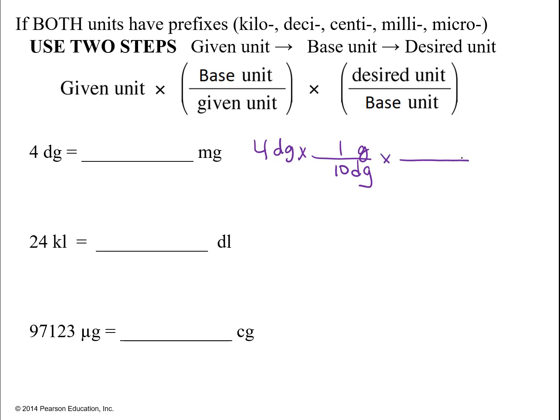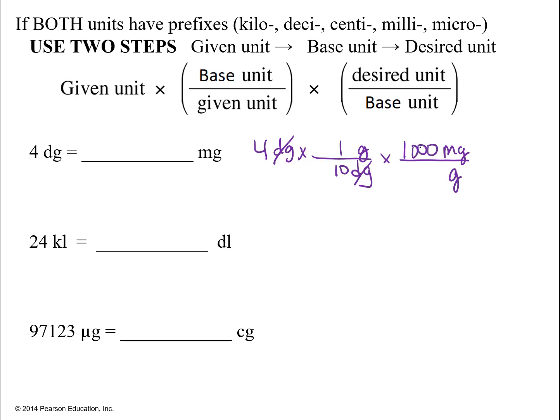Now I'm going to do one more step. So now I want to get to my answer, which is milligrams. What do I need to cancel? The grams. So now my base unit, the grams, goes on the bottom in this step, and my answer goes on the top, and milli means 1,000.